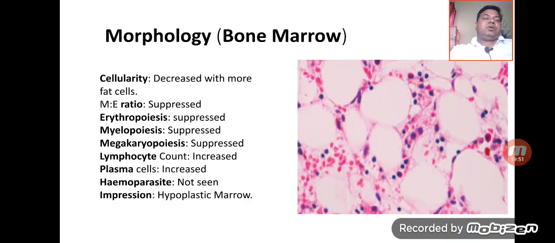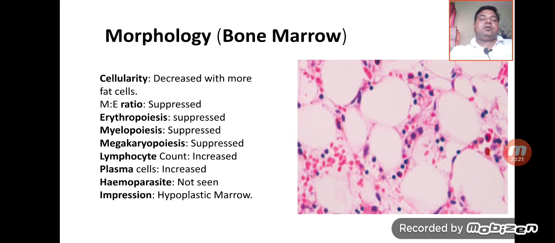Now coming to the bone marrow morphology, as we have discussed, there is a suppression of the hemopoietic cells and a lot of fat cells are increased. So the bone marrow is hypocellular with more fat cells. You can easily appreciate this on the section. The myeloid to erythroid ratio is affected: erythropoiesis is suppressed, myelopoiesis is suppressed, and megakaryopoiesis is also suppressed.